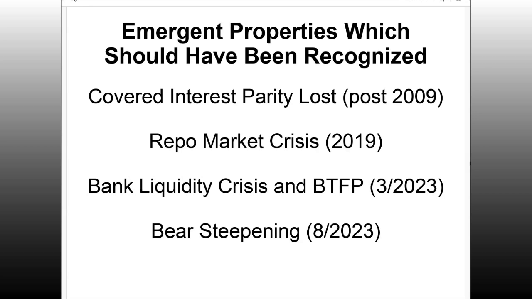However, there's another way in which the curve can steepen. It is rare, and it should be considered its own novel or emergent property because it can't be fit in with any other ontological explanation in the model. But it hasn't been treated that way.